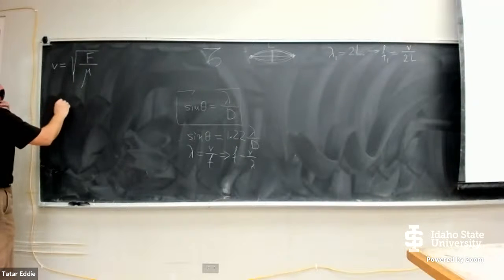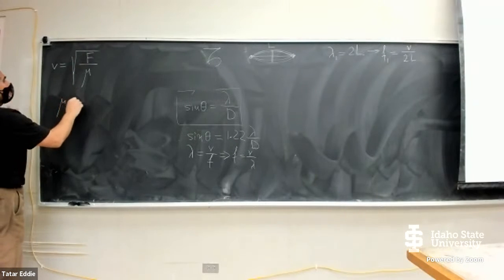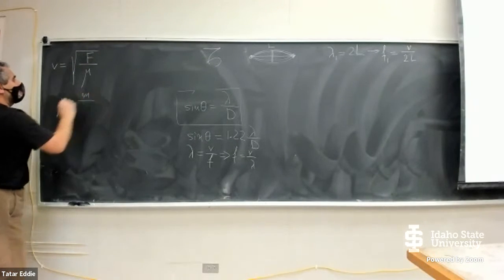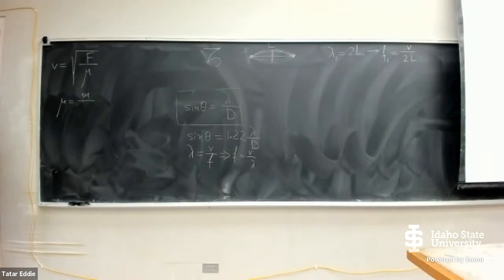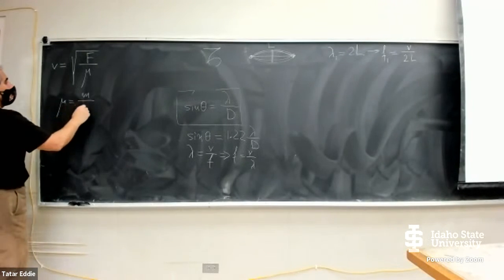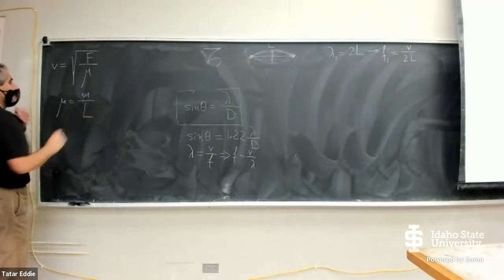So the mass density mu is the mass of string material divided by the length of the string.